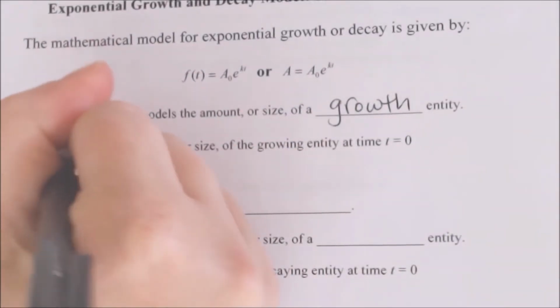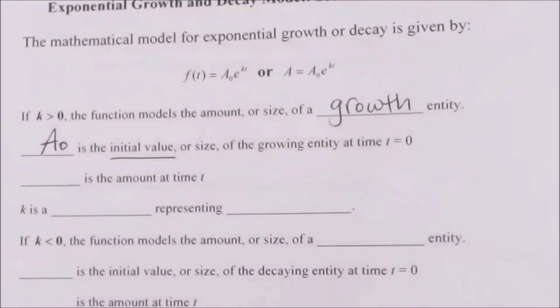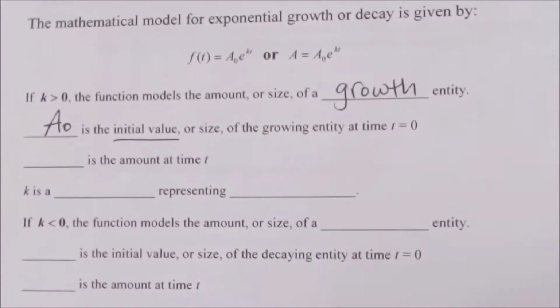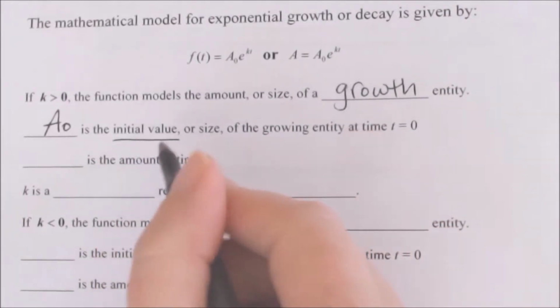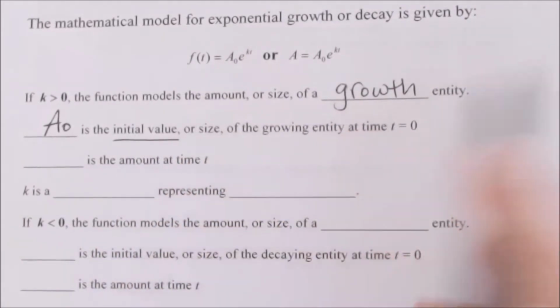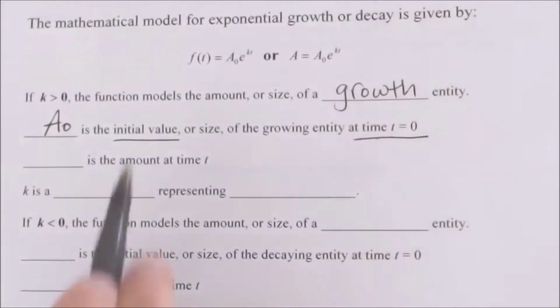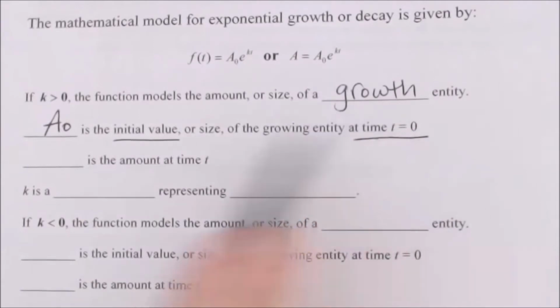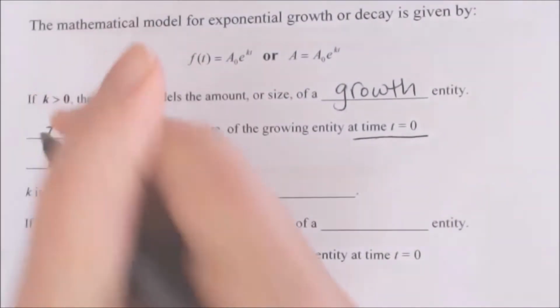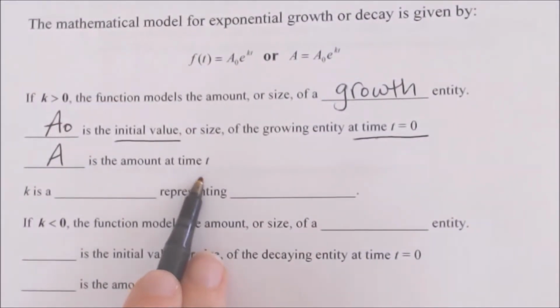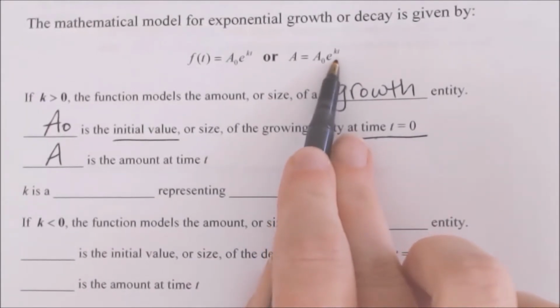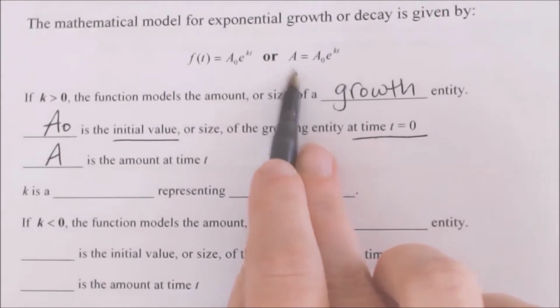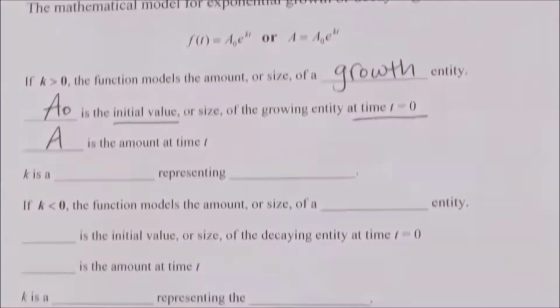A naught stands for the initial or starting value for the population or whatever quantity we're looking at in the problem. That would be the value at time t equals 0. So the initial value occurs when we start measuring at t equals 0. And then A is the amount at any given time t. So say after t is 5 years, for example, we would have a starting amount, we'd know our K value, and we'd be able to figure out the amount, A, after so many years.